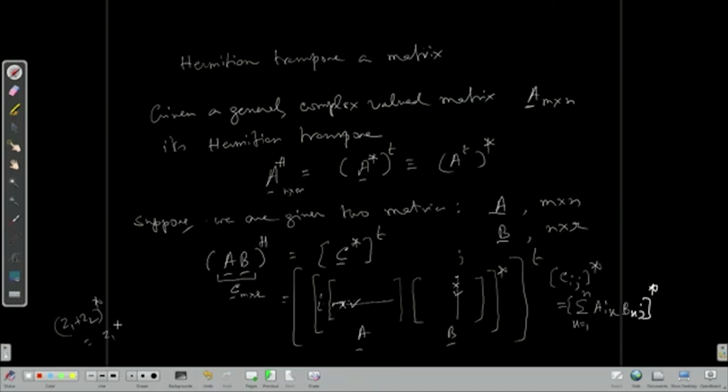You can verify, and you can extend it to any number of complex variables. So, star over a summation is the summation over star of these terms.